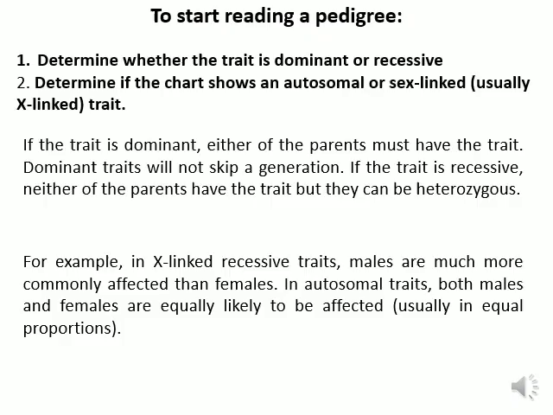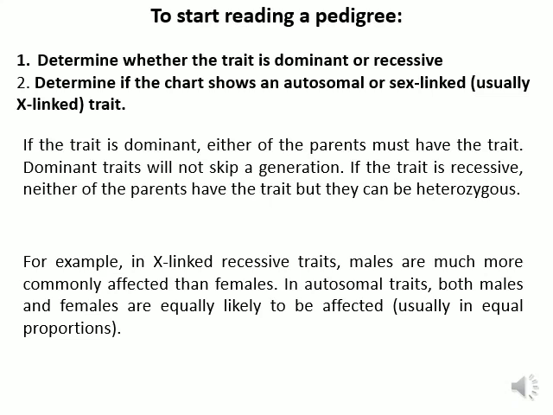To start reading the pedigree, first we have to find out whether the trait is dominant or recessive, and whether it is present on the sex chromosome, the mitochondrial genome, or the autosome. Next, if it is dominant or recessive, we determine whether it is X-linked, Y-linked, or autosomal.